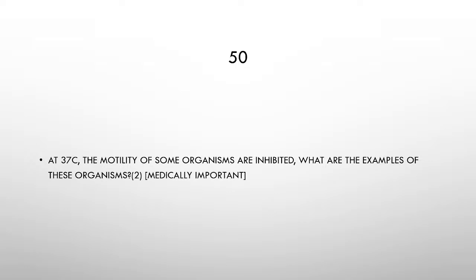You need to kill these organisms in pasteurization because when they are motile, they are highly pathogenic. Therefore, inhibiting them by increasing the temperature for quite some time, as in pasteurization, is important. So I'm going to leave number 50 for you guys to answer, and I'm going to skip ahead to 51.